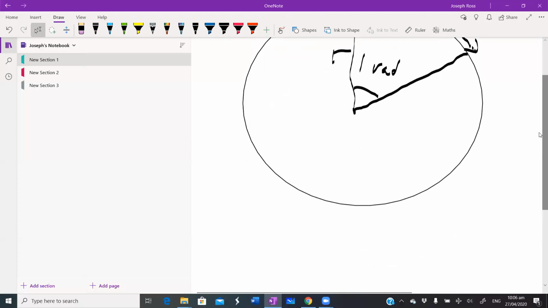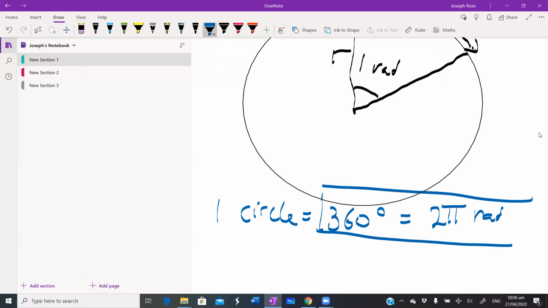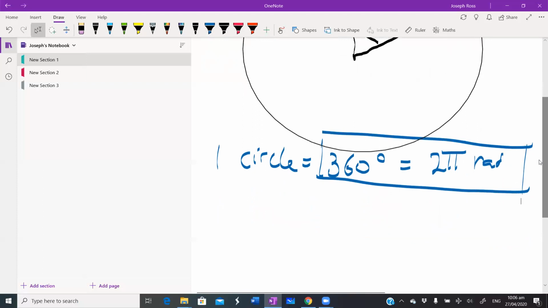So 1 full circle is 360 degrees, but 1 full circle is 2 pi radians.